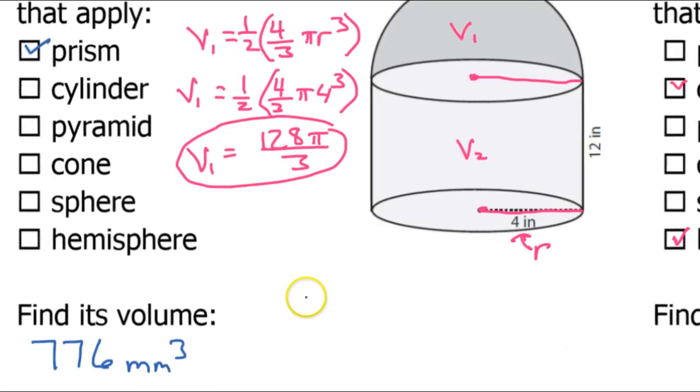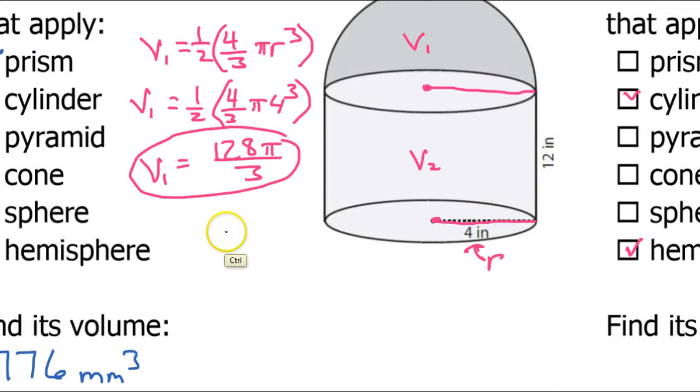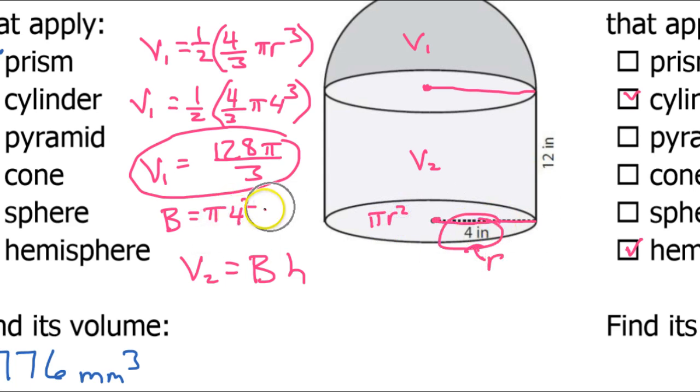Now let's find volume 2, the cylinder. The formula for the volume of a cylinder is area of the base times the height. First we need to know the area of the base. The base is a circle, so that's pi r squared. Since the radius is 4, that becomes pi times 4 squared, which is 16 pi.